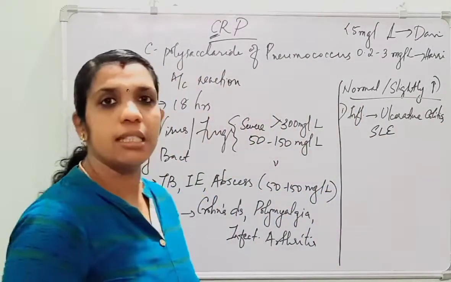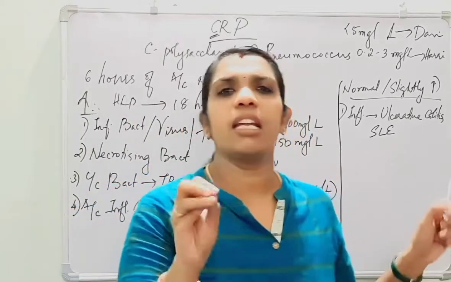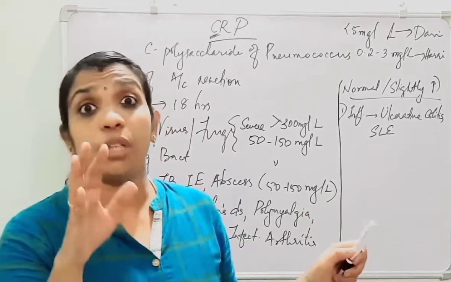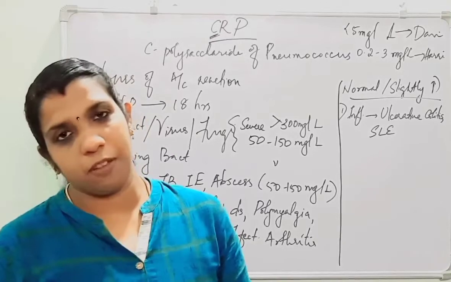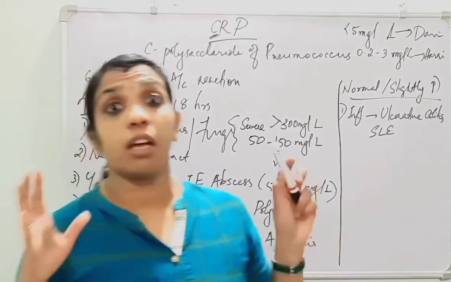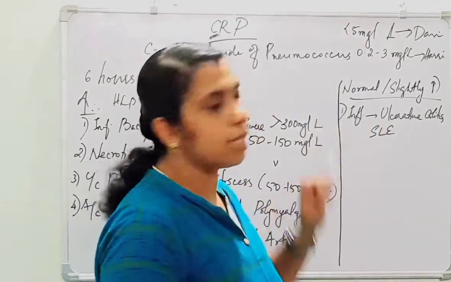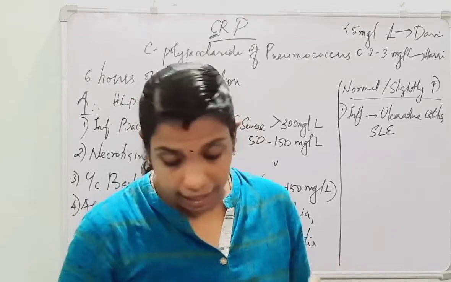In these conditions, CRP will be normal or slightly increased. There is no significance of CRP in these conditions. You understand? So you should differentiate. You should not think that in all inflammatory conditions the CRP will be increased. You should not be mistaken about that. That's why I am saying this. In inflammatory conditions such as ulcerative colitis and SLE, it will be normal or slightly increased.